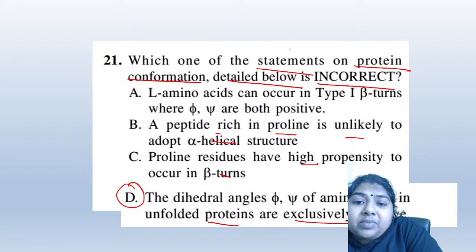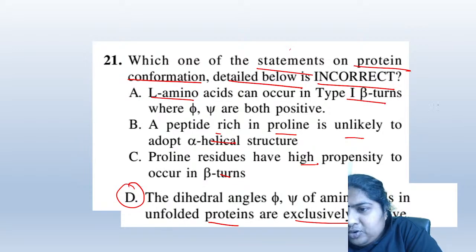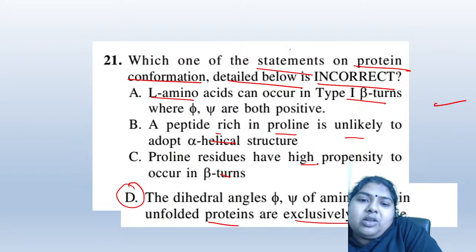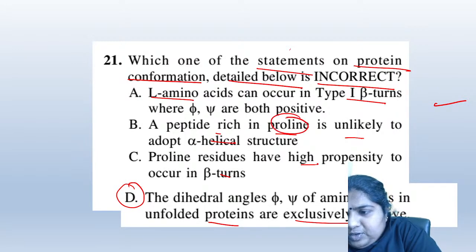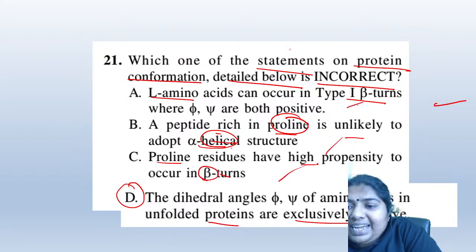See here, L amino acids can occur in type 1 beta turns. Absolutely correct. Always L amino acids will occur. Proline is a helix breaker, so it will not be found in your alpha helix structure. Proline has a high propensity for beta turn. So all these are correct. Which is incorrect?